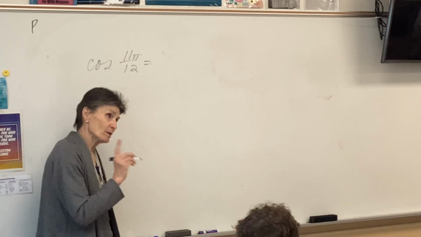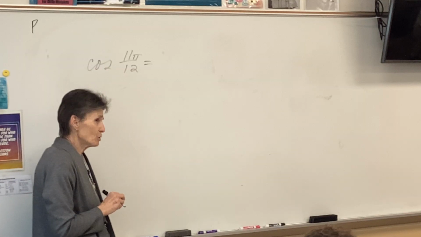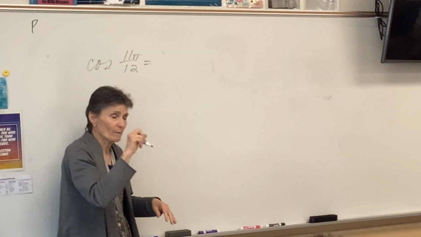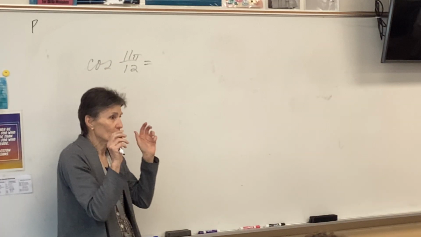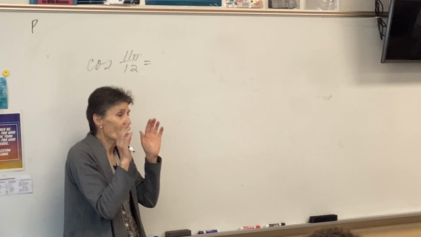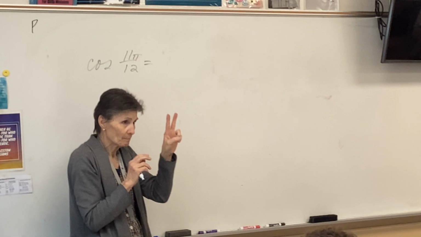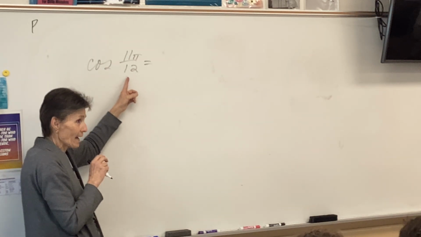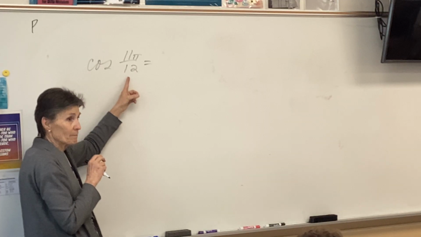Okay? So here's what I want you to do. Think about all of your unit circle angles. Go all the way around the circle if you want to. Find 2 of them that will either add or subtract to 11 pi over 12.